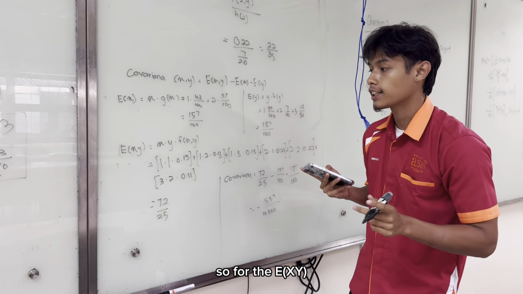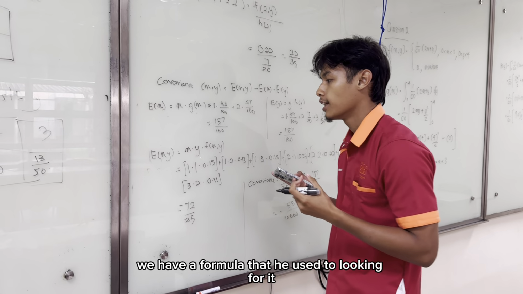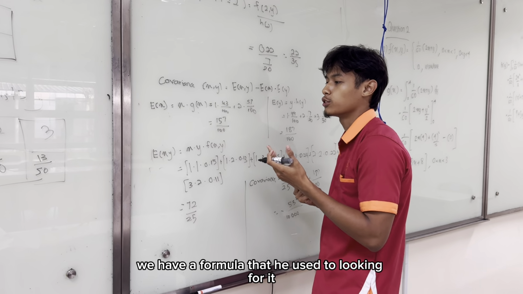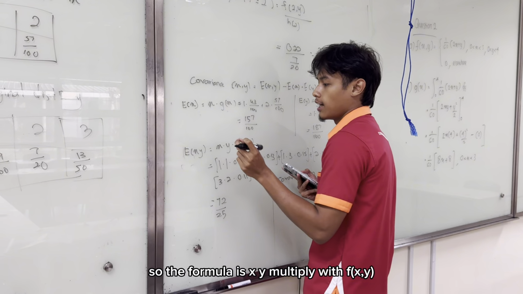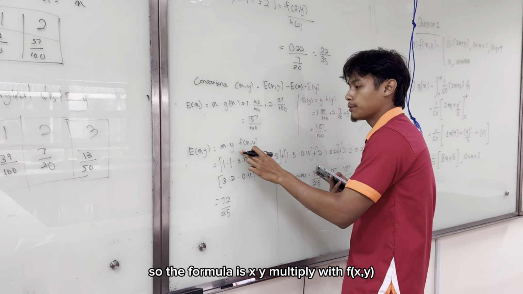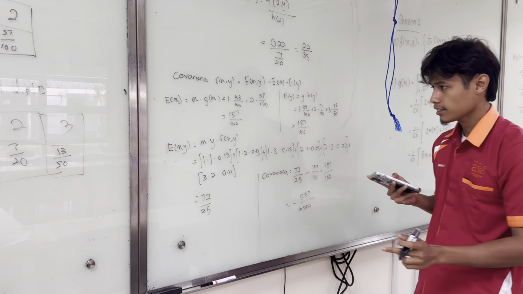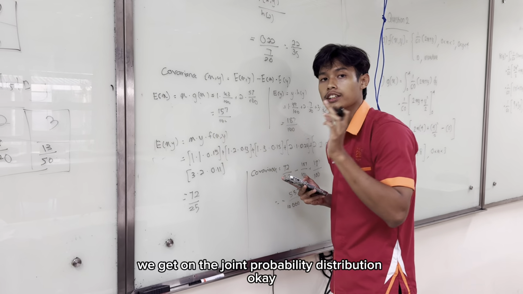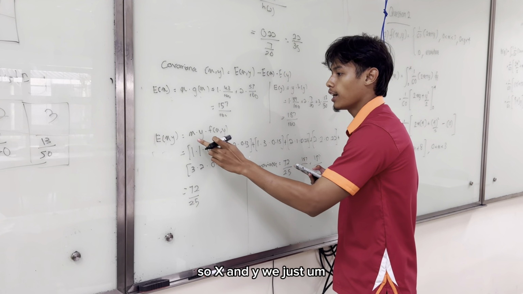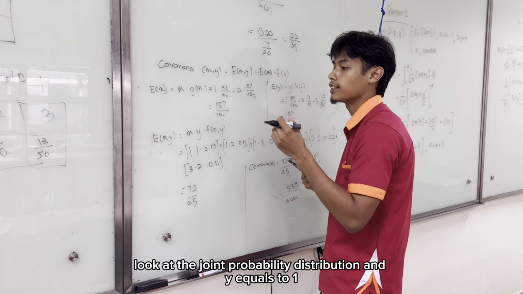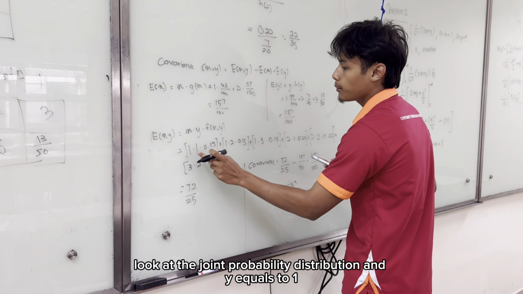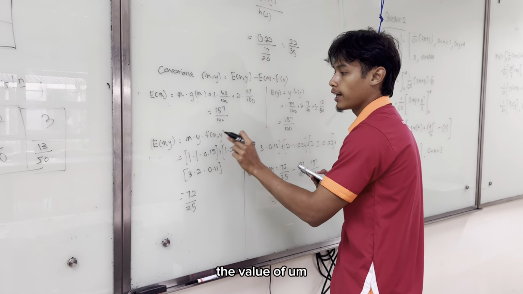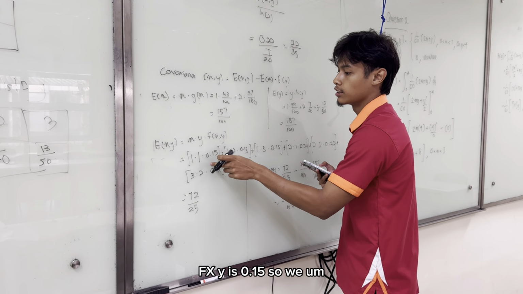For EXY, the formula is xy multiplied with fxy, where fxy comes from the joint probability distribution. So for x and y we look at the joint probability distribution, and y multiplied with 1, the value of fxy is 0.15.